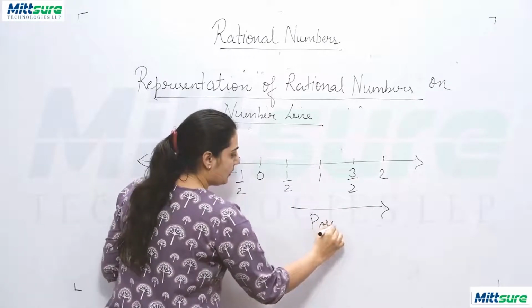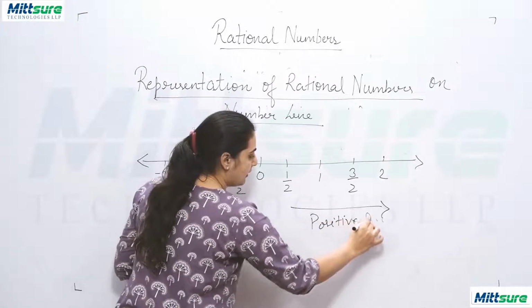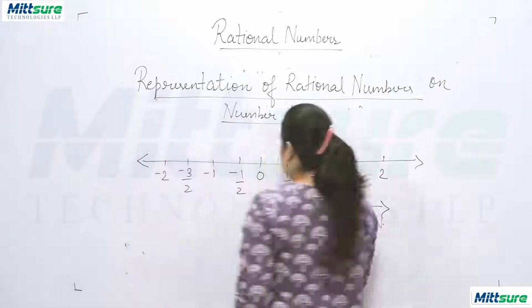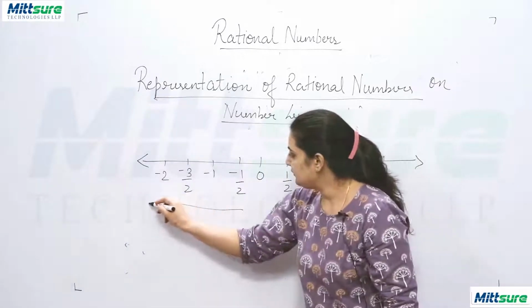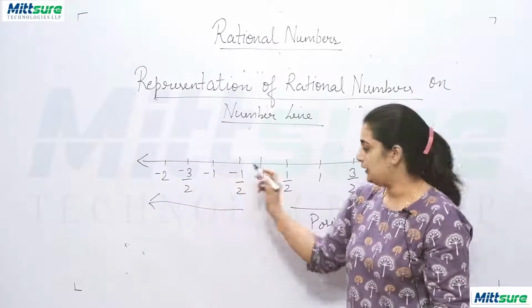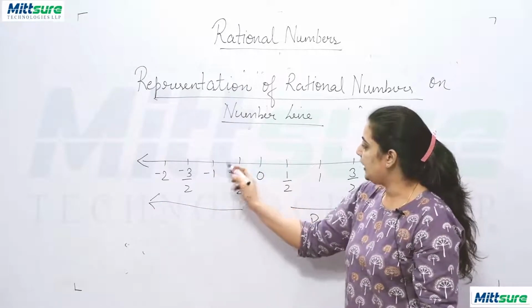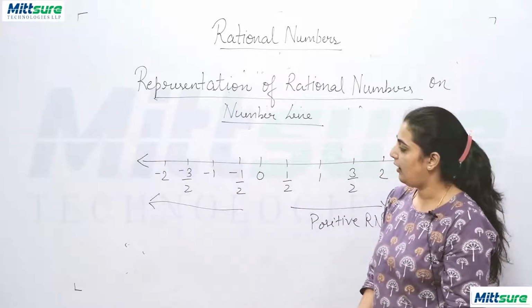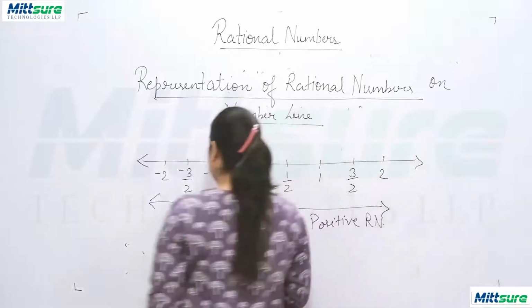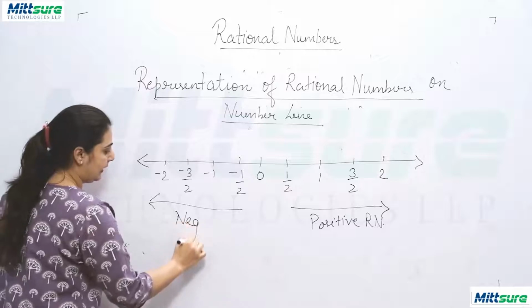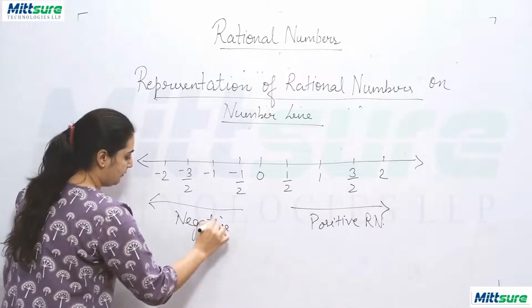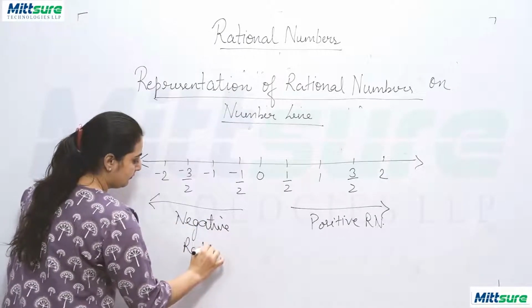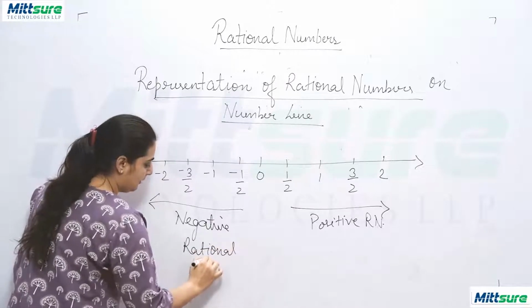Now towards the left side of the 0, all the negative rational numbers are arranged. Okay? Negative rational numbers.